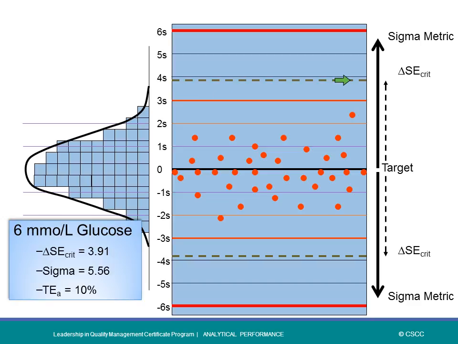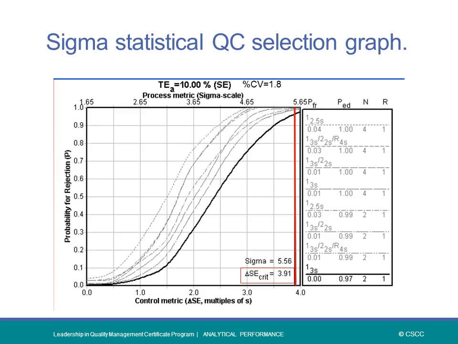Applying this information to QC selection, of course, different QC programs, if you will, or combinations of QC rules will have different characteristics in the power graph.